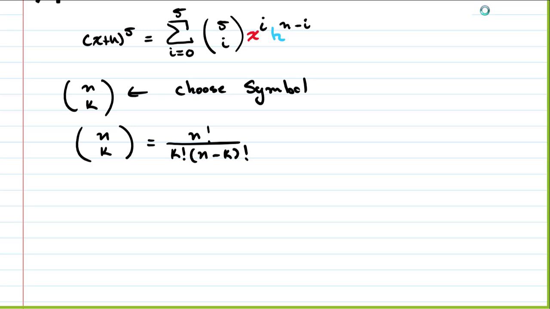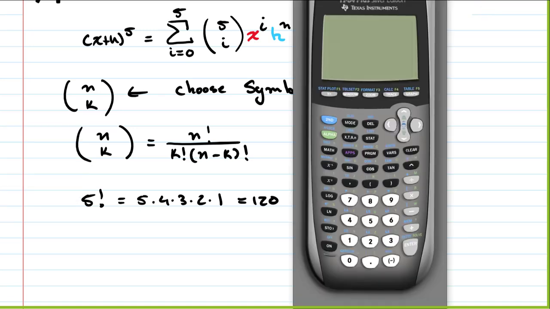So for example, 5 factorial would be 5 times 4 times 3 times 2 times 1. So 5 times 4 is 20, times 3 is 60, times 2 is 120, times 1 is 120. So 5 factorial is equal to 120.